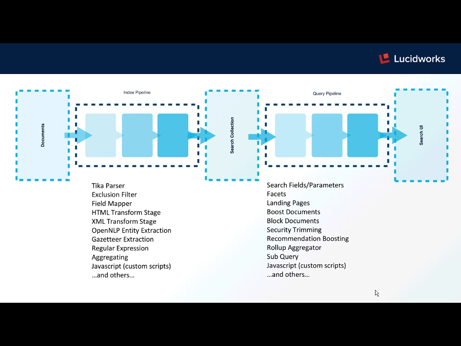Ultimately, we're trying to get relevant results out, and the query pipeline is a great way to provide that relevancy. And also, at the same time, we can do things like security trimming, making sure that the end user has appropriate access to the information that's coming back in the results.